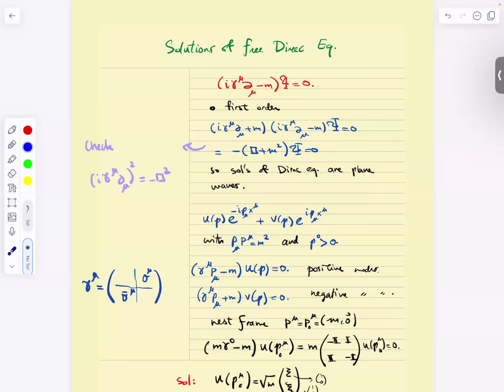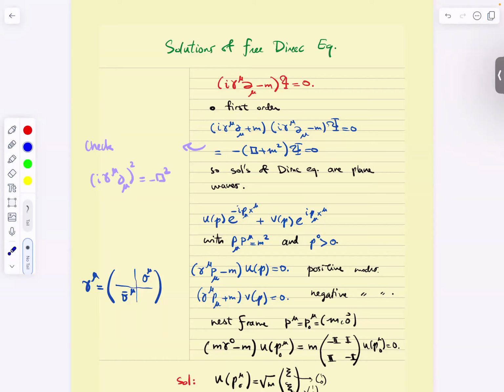All right. So, solutions of the free Dirac equation. Two things happen here that I want to highlight. The fact that spinors came out of the representation theory, out of projective representations of the Lorentz group. So it was in our face, we had to introduce them.